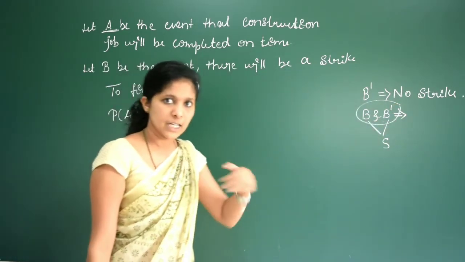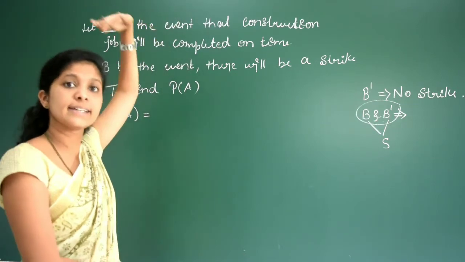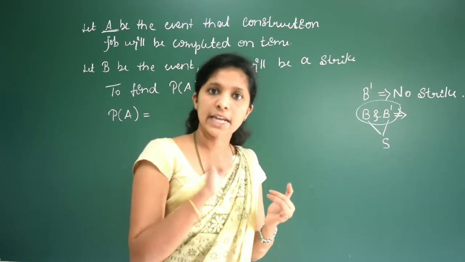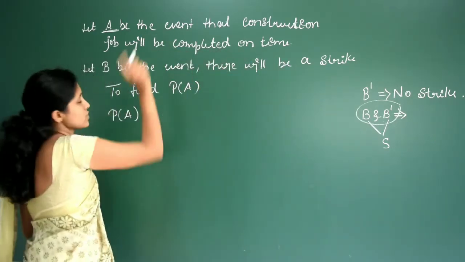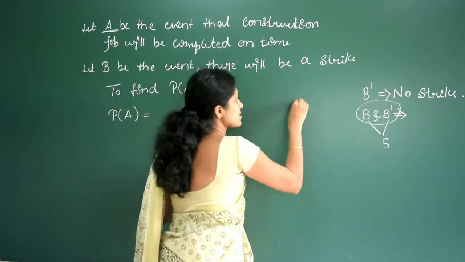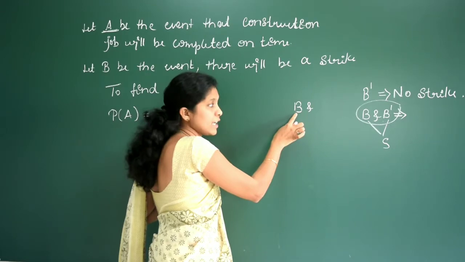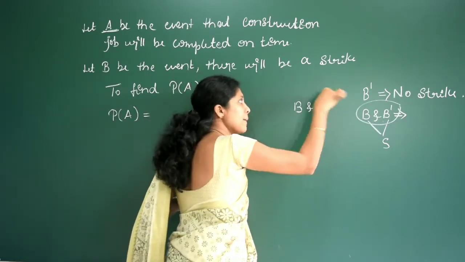Is it clear? Let me repeat once. A is the event that the construction job is completed on time, and B is the event that there will be a strike. For the construction job, there are two affecting things. If there is a strike, then the event will be B. If there is no strike, then the event will be B dash.